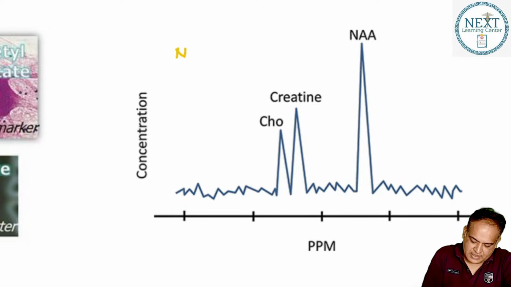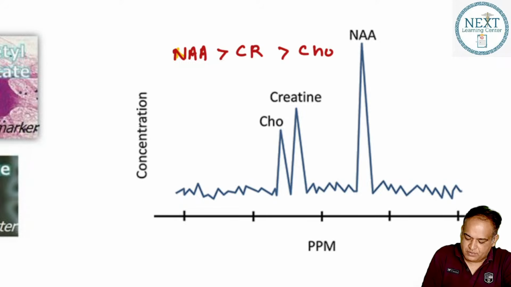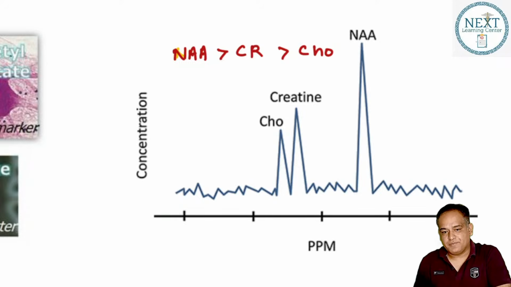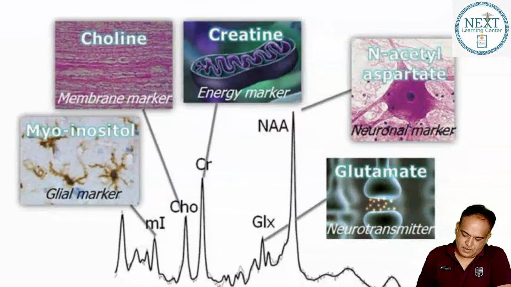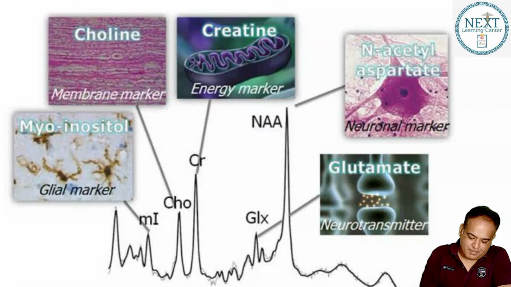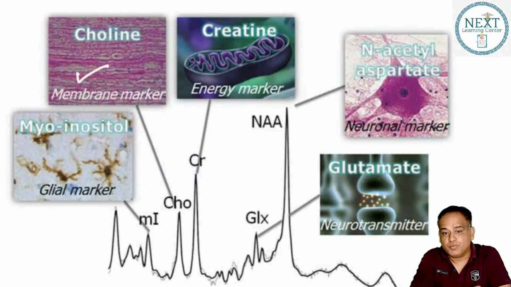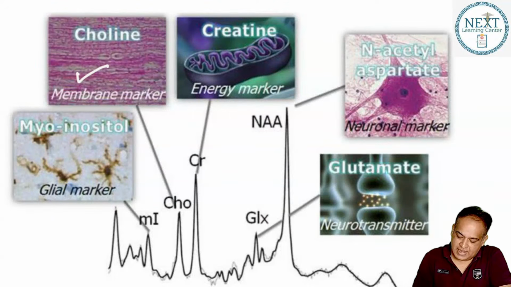Normal pattern is here. Normally NAA values are more than creatinine and these values are more than choline. Fine. Now, you see. So choline is a membrane marker, tumors. Fine. And N-acetyl aspartate is a neuronal marker.